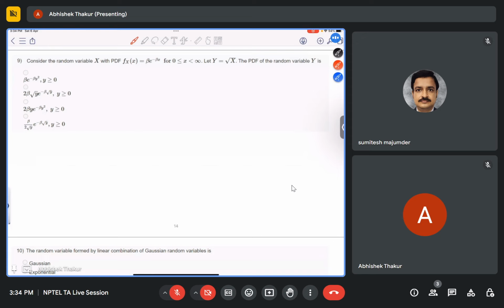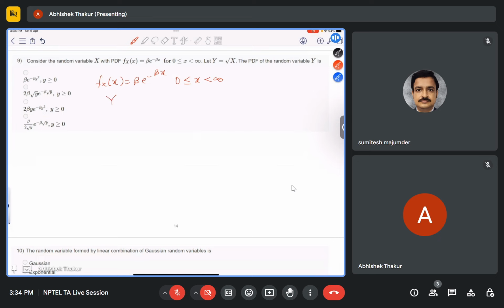So now we'll move on to the next question. Consider the random variable x with probability density function given as beta e to the power of minus beta x for positive values of x, that is x is greater than or equal to 0 and less than infinity.